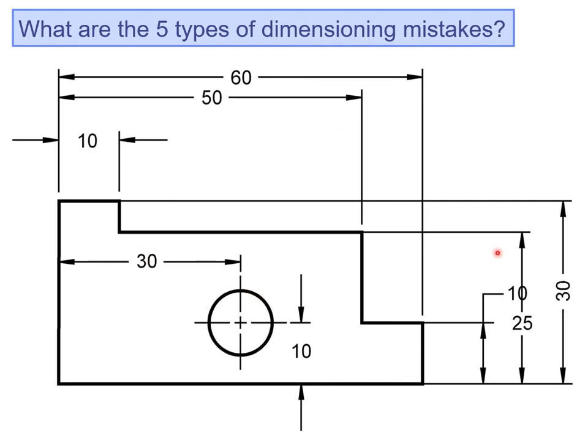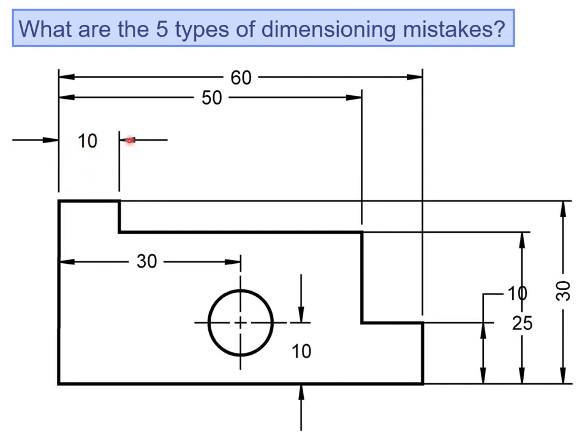When you first create a drawing, when you're first starting off, you have zero experience, and I was there 15 or more years ago, you're going to make mistakes. So luckily you'll have a checker or a supervisor to check your work and correct your mistakes. One of the common mistakes when creating a drawing is spacing.